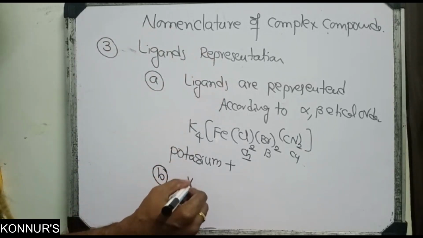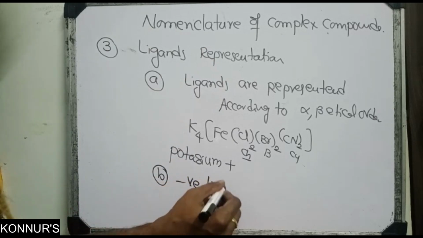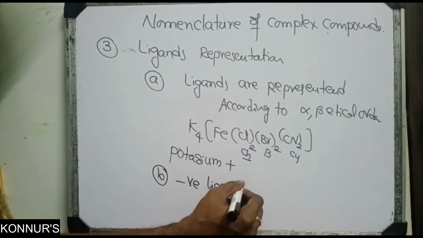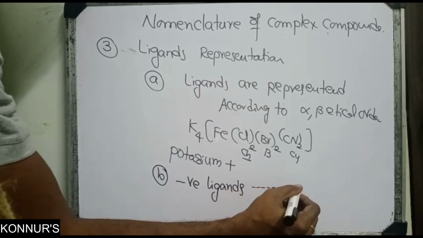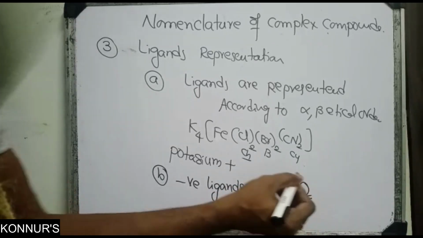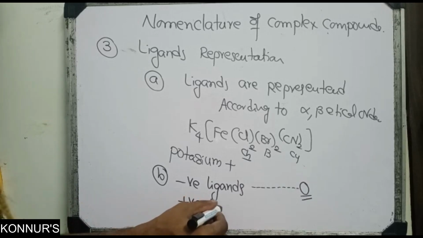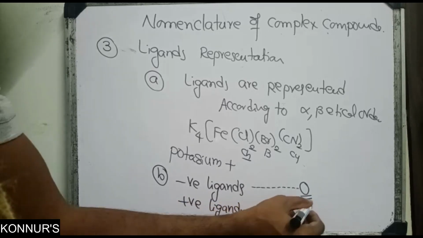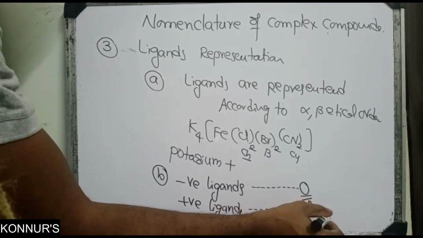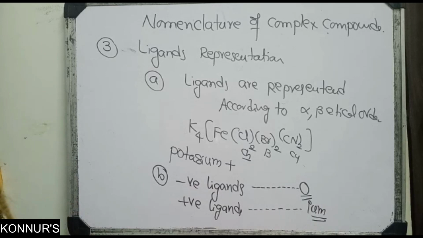Next point: negative ligands, at the end of their name you write O. Next, positive ligands, at the end you write IUM as a suffix.